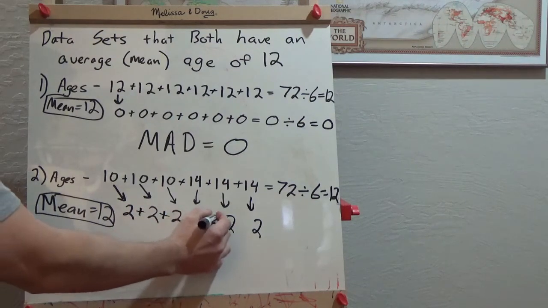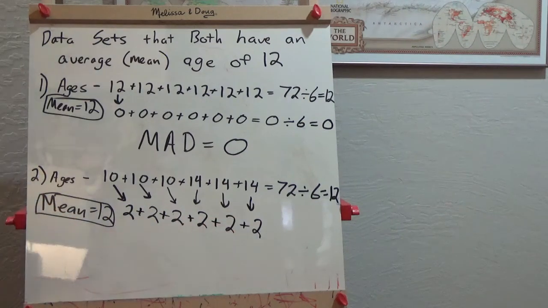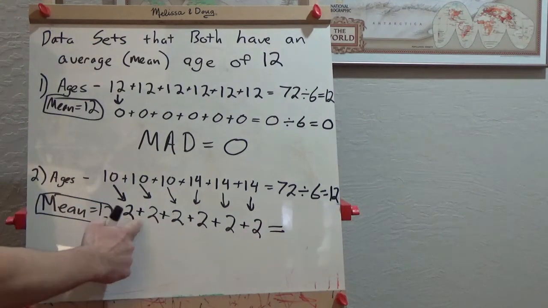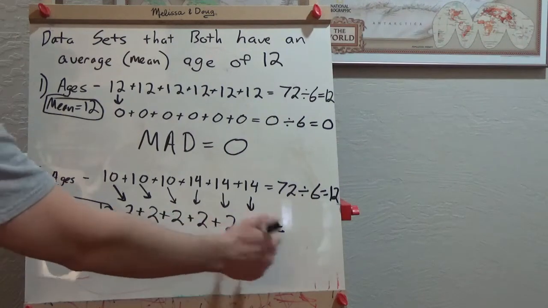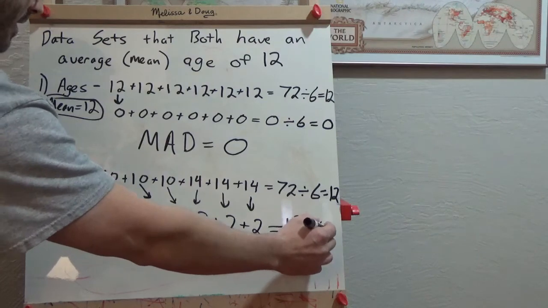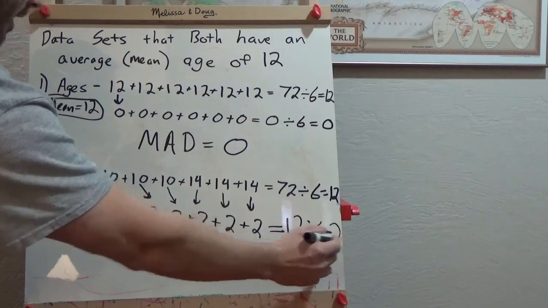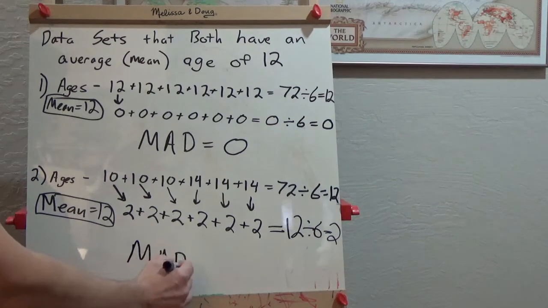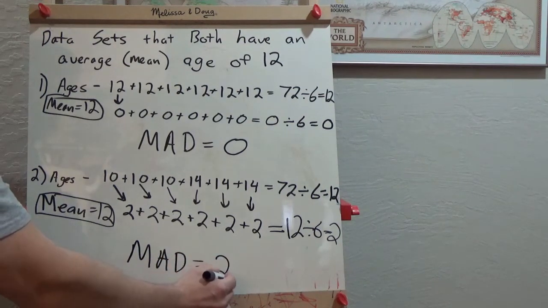Now, we find the average of those distances of each data set away from the average. And in this case, when we add those together, 2, 4, 6, 8, 10, and 12, we divide by the total number of numbers in the data set, and we get a mean absolute deviation here of 2.